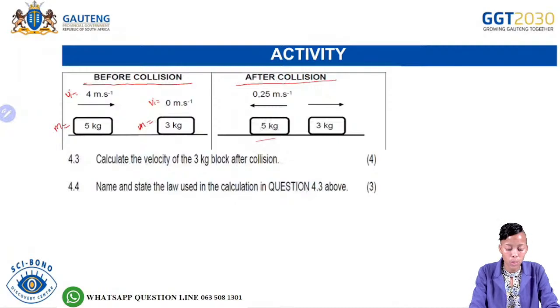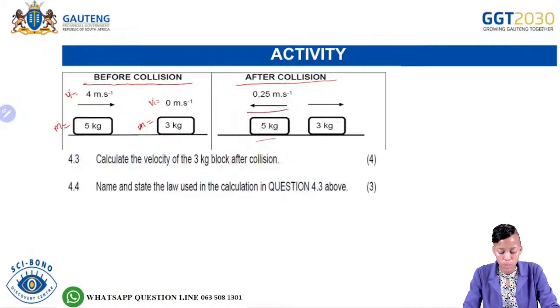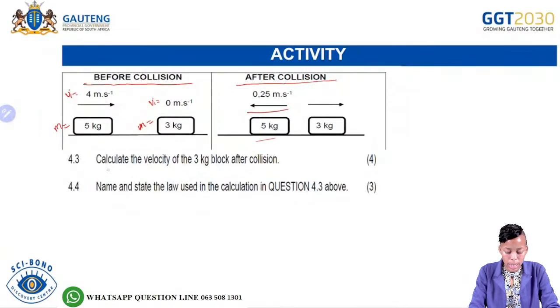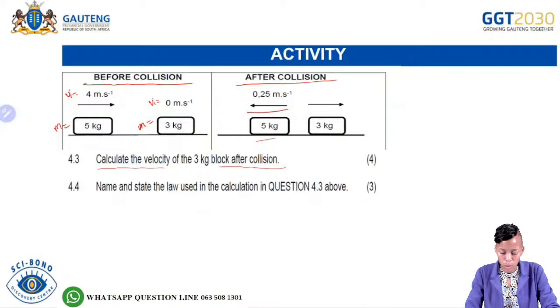This one was moving east or to the right, and it is now moving west. And then the question says, calculate the velocity of the 3 kilogram block after the collision. So that is for 4 marks there.